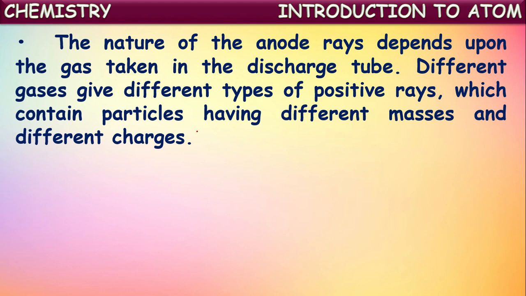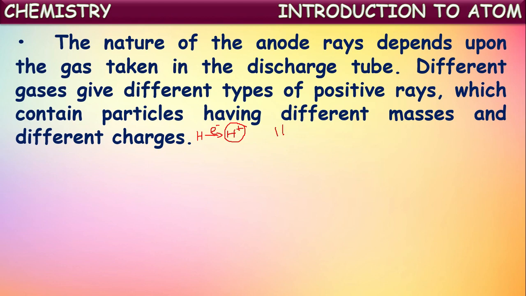For example, if we take hydrogen gas in the discharge tube, what are the positive rays produced in that case? H plus ions, isn't it? By the removal of an electron from each hydrogen, one H plus ion is produced. In this case, the positive rays are H plus ions, which we also call protons.